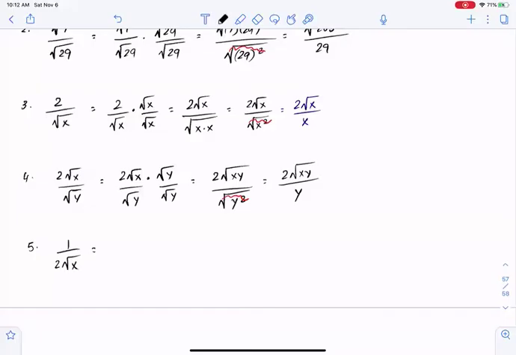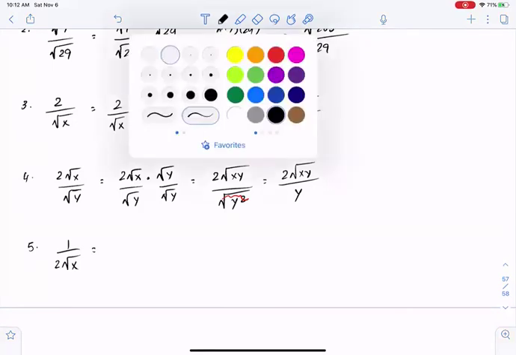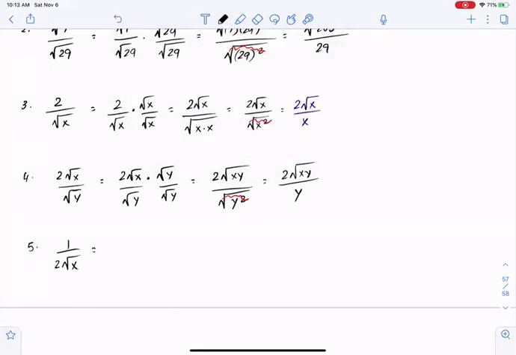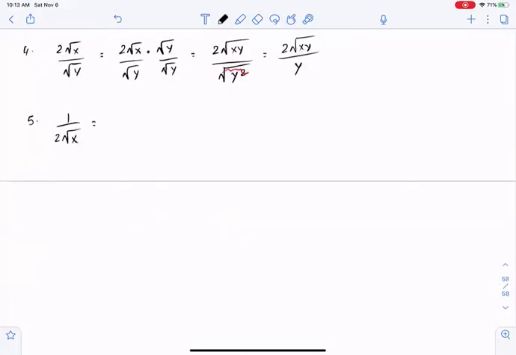We want to rationalize this denominator. So naturally, one might say, I'm going to multiply and divide by the denominator. So in the denominator, 2 times 2, 4.